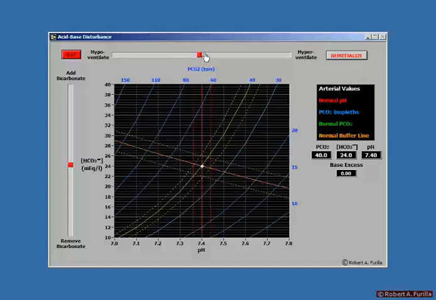If I increase CO2 simply by hypoventilating, bicarbonate is going to go up. But bicarbonate is going up not because of any change in titratable acid, simply because carbonic acid has increased because of CO2. Base excess then becomes very important, because if I do come up here and say we're now at PCO2 of about 80, we have an acidosis.